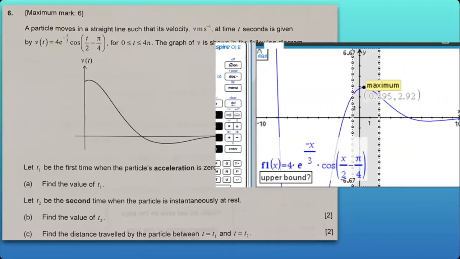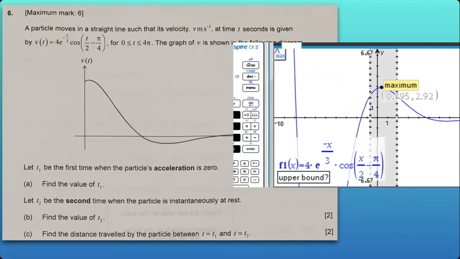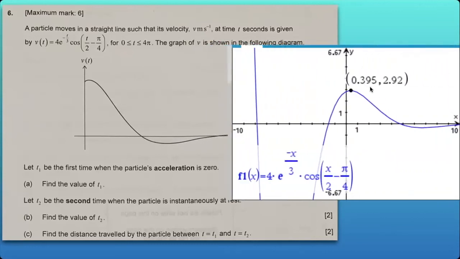Next, the calculator will ask you for the upper bound. So you move to the right, not too far from the maximum point, and then click. And there you go. That is the x value, or in this case, the value of t1, when the acceleration or the gradient is 0. If you can imagine, a horizontal line is drawn there, and the horizontal line has the gradient equal to 0.